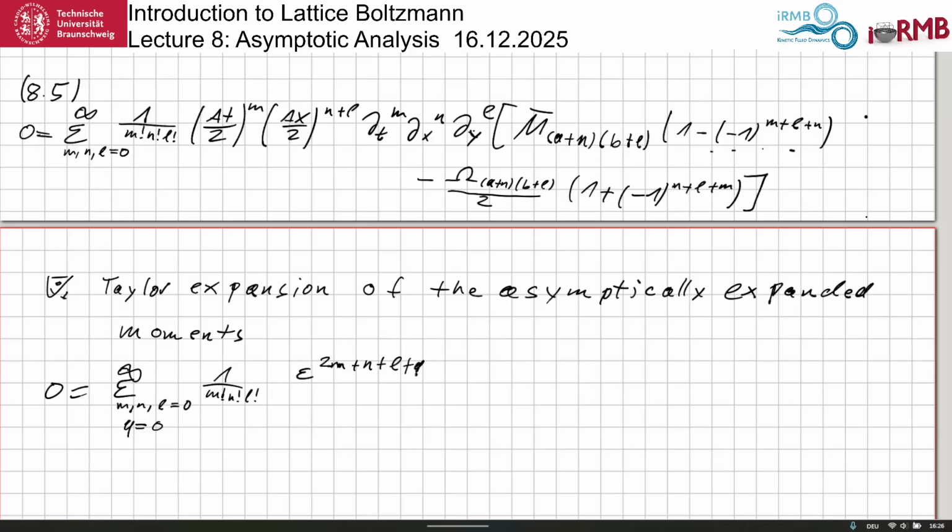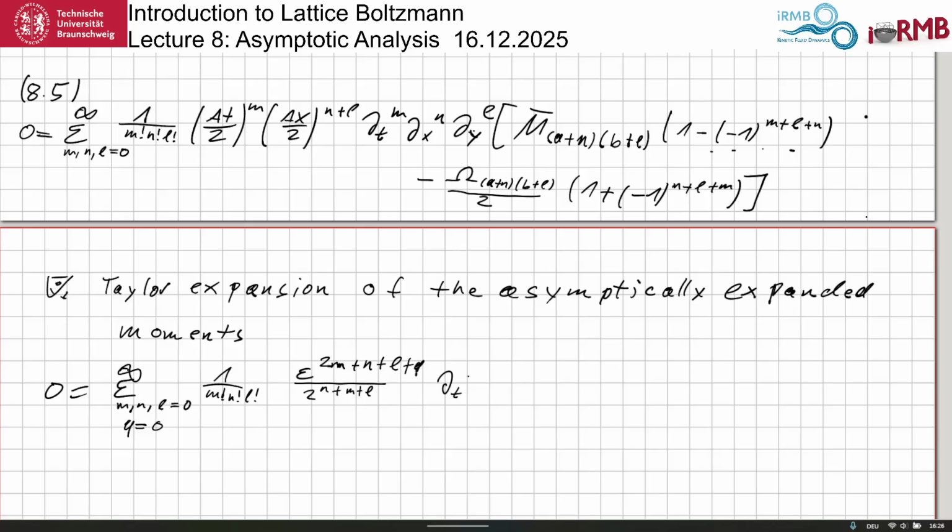Q is the one from the moment. So the 1 over 2 remains here as 1 over 2 to the power m and 1 over 2 to the power n plus l.